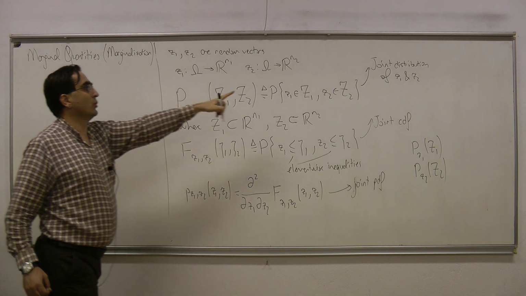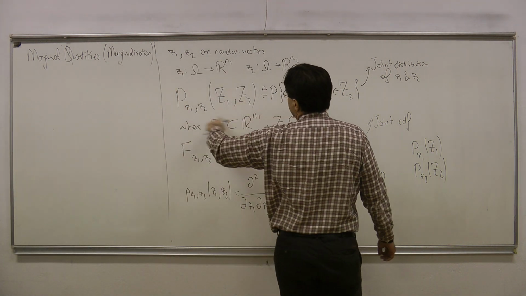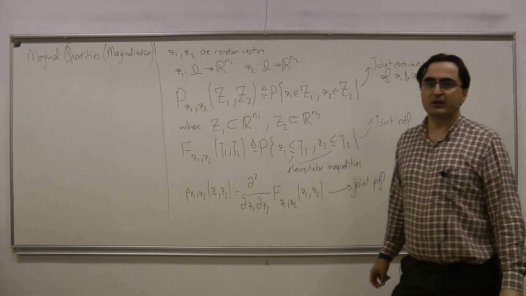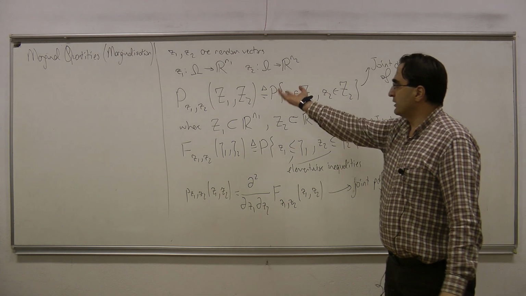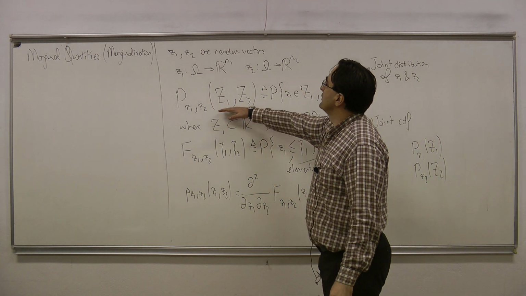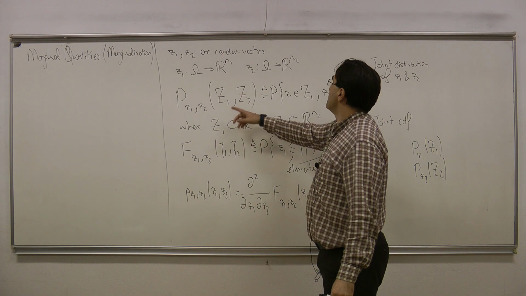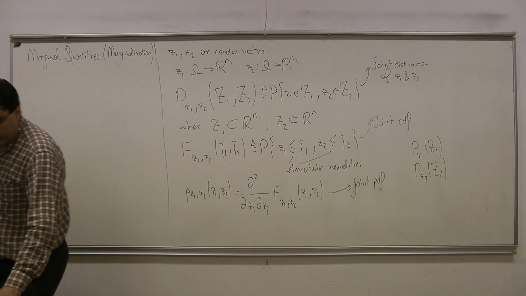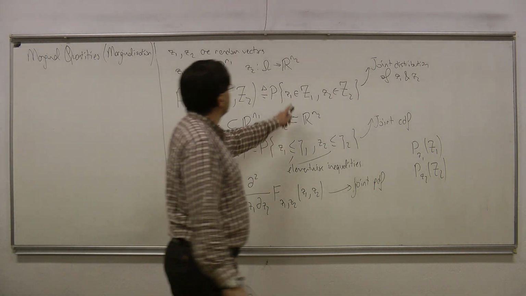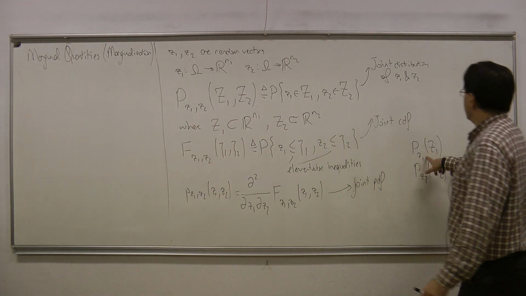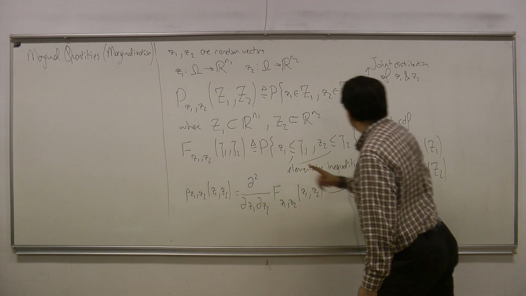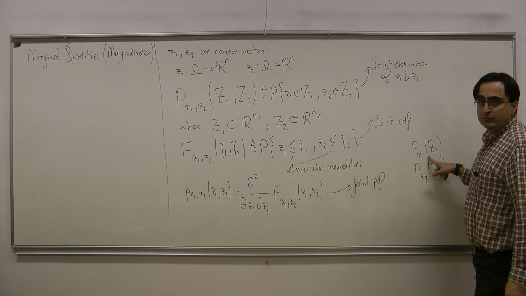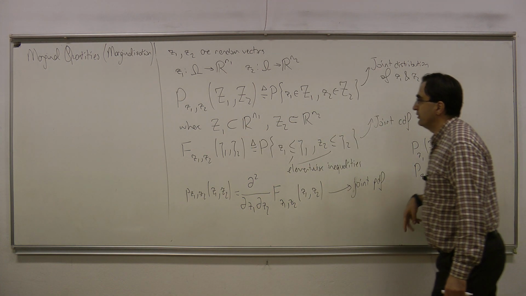So suppose that I know the joint distribution of the random vectors Z1 and Z2, and from those I need to obtain the marginal distribution of Z1. Okay? So from this one, how can I obtain the marginal distribution, the first distribution function?